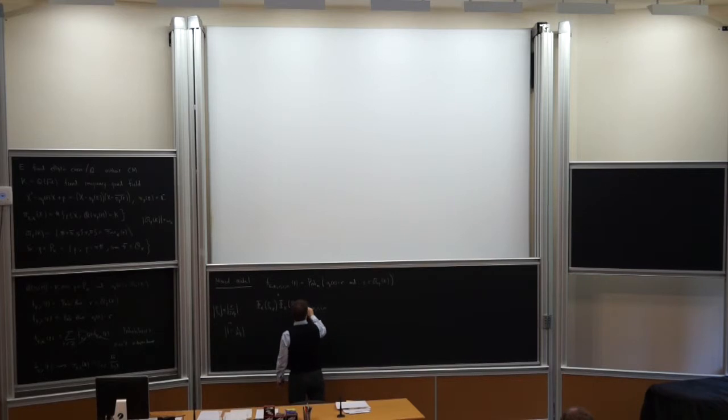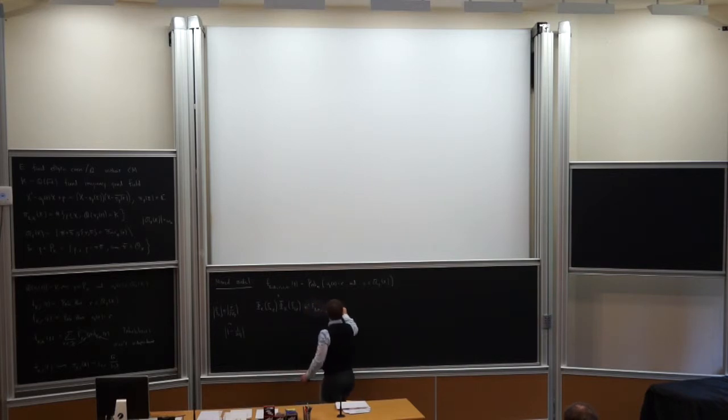Okay, and we're going to put an n squared here, and then times C_P times omega_K.